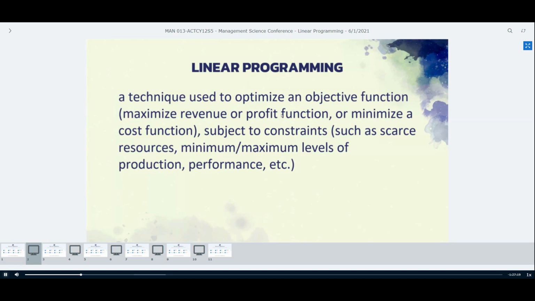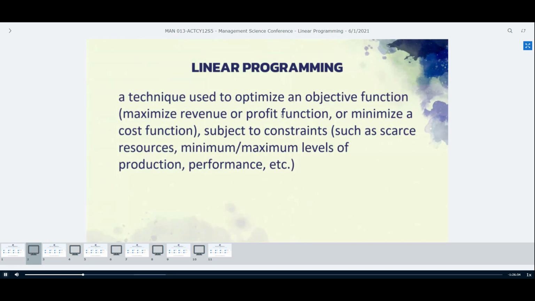So what's our objective? Usually increase our revenue, or in this case maximize it, maximize the profit, or minimize the cost, subject to constraints. Constraints in this case would be scarce resources, minimum or maximum level of production or performance.